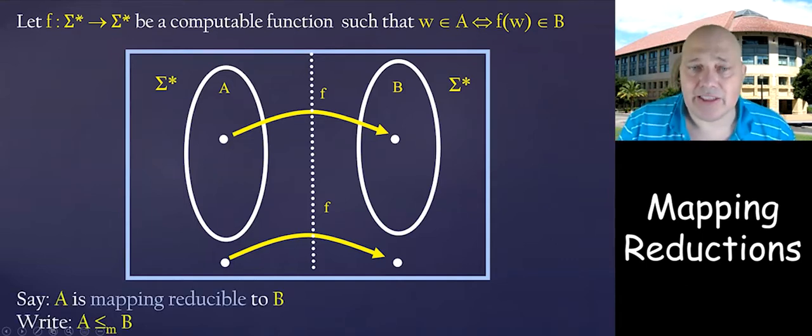And so we say A is mapping reducible to B and write A ≤_M B.